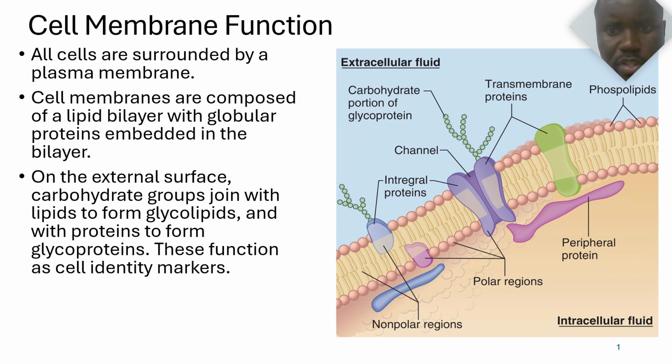In between, we've got the tails of the phospholipids that make the interior of the cell membrane fatty. Embedded within these two layers of phospholipids are the proteins. We also have proteins that complex with carbohydrates to form glycoproteins, and lipids that complex with carbohydrates to form glycolipids.